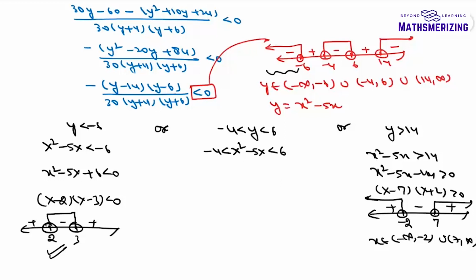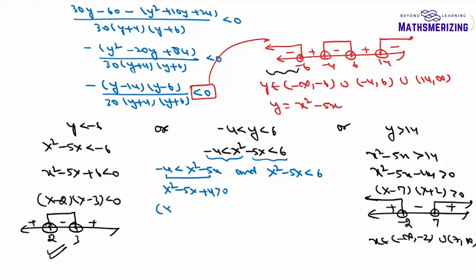Now coming to this second inequality, I need to take two separate cases. Case 1 and then case 2. So one is minus 4 is less than x square minus 5x and x square minus 5x is less than 6. So if I solve this first part, I can write it as x square minus 5x plus 4 is greater than 0, which is (x minus 1)(x minus 4) is greater than 0.